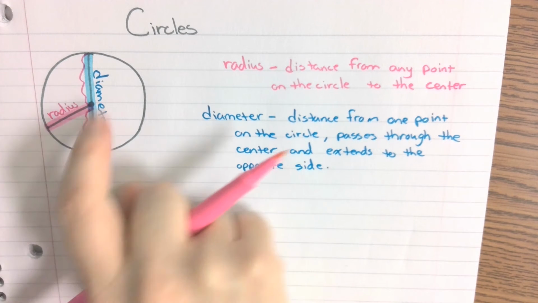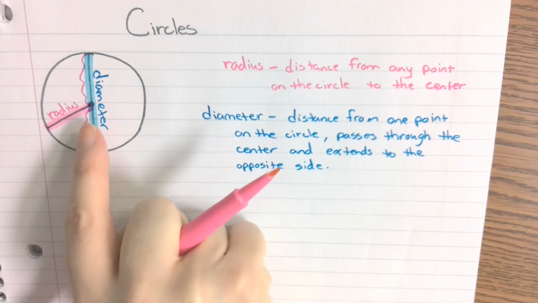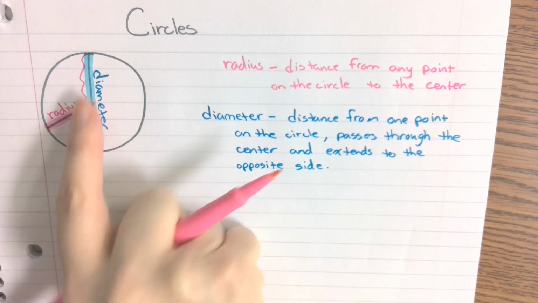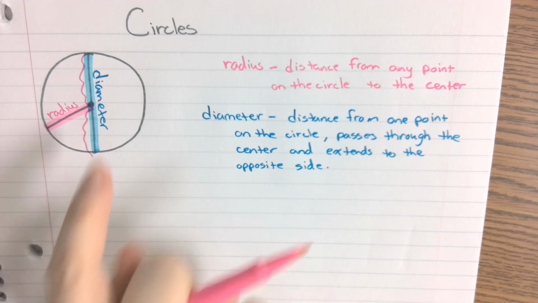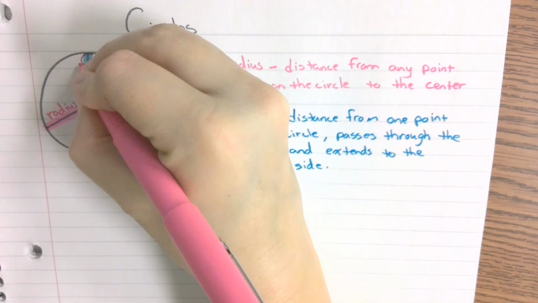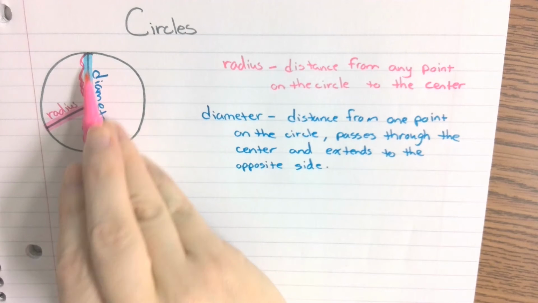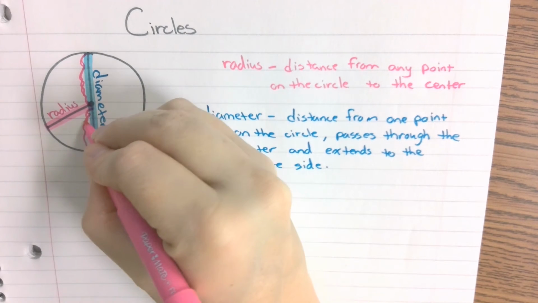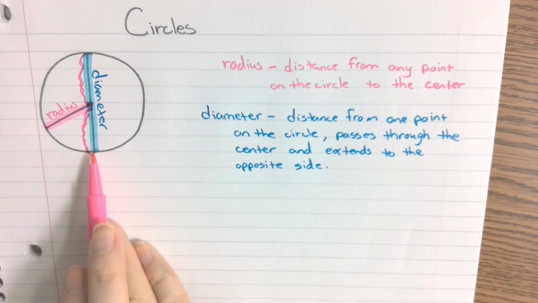Because again, no matter where I start on the circle, if I go to the center, that's considered to be a radius. So notice how many radii will make up the diameter. Say it louder. 2. Okay, 2 radii, right? We have a single radius right here from this part of the circle to the center, and another radius here, from the center to this part.